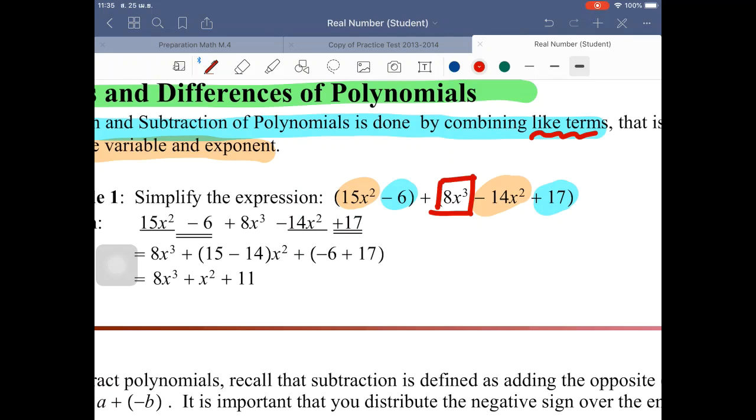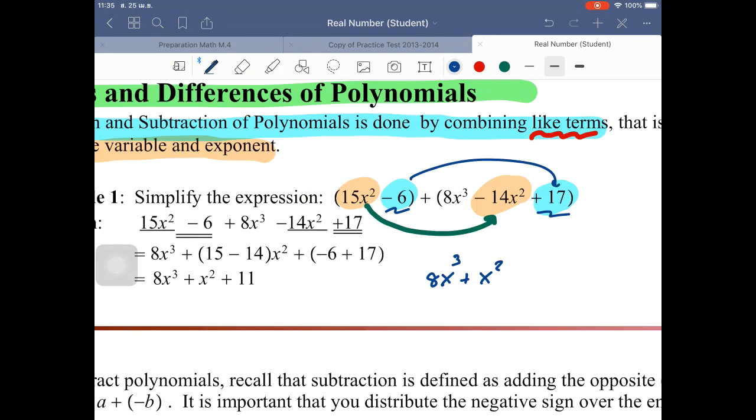Okay, so after you analyze all of this, you just do sum and subtract basically. This one, 15 and minus 14, what do you get? You get x squared. Then 8x to the power of 3 plus x squared, and for the constants, negative 6 plus 17 is 11.